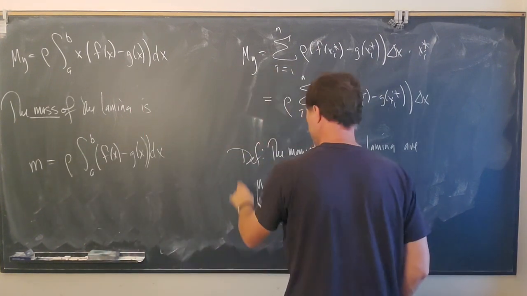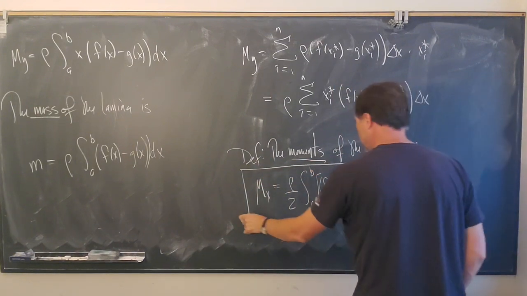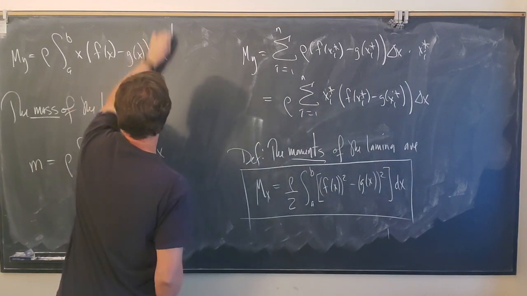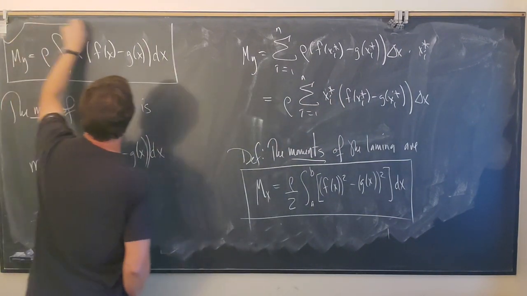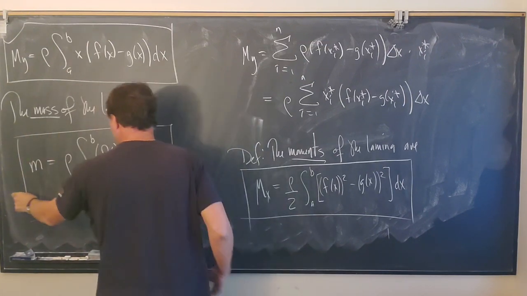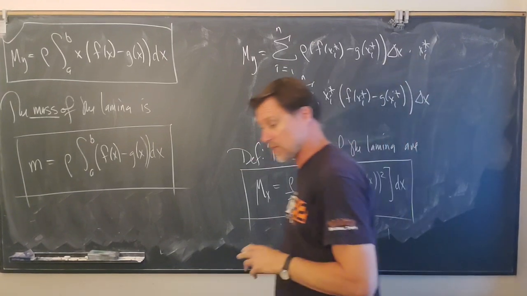So we've got three formulas that we will need in order to compute center of mass. We need the moment about the x-axis, moment about the y-axis, and then the mass. Once you have those three quantities, then we can define the center of mass of the lamina.